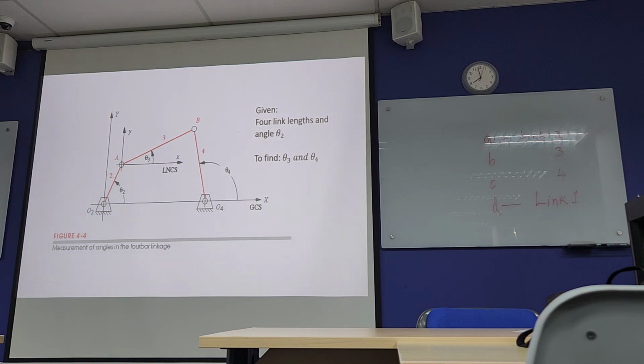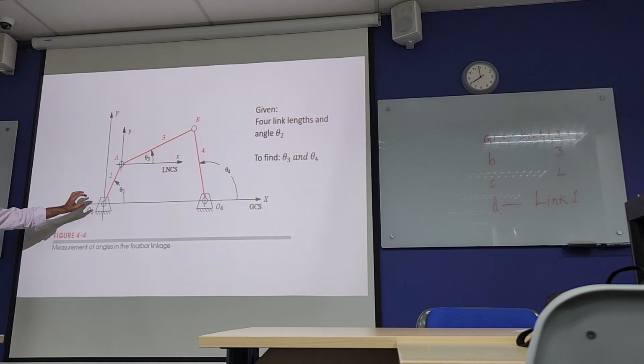Now the local coordinate system you can see, small x, small y. The global coordinate system is capital X and capital Y. The orientation of link 4, theta 4, is referred to the global coordinate system. Theta 2 is again referred to the global coordinate system. But theta 3, if you want to measure it, you need a local coordinate system, because you can't measure the orientation of link 3 with respect to the global coordinate system.